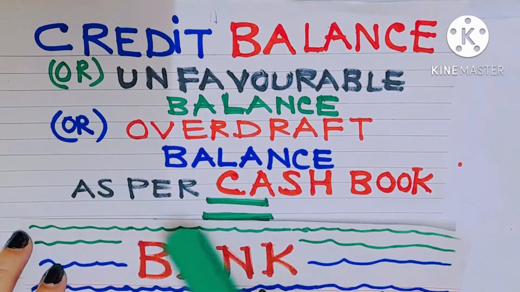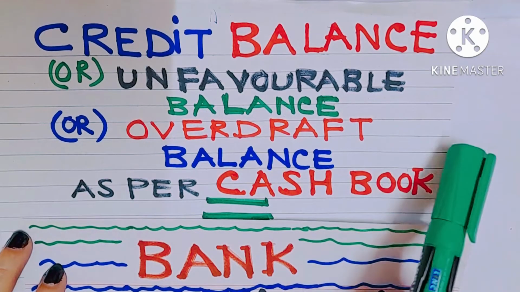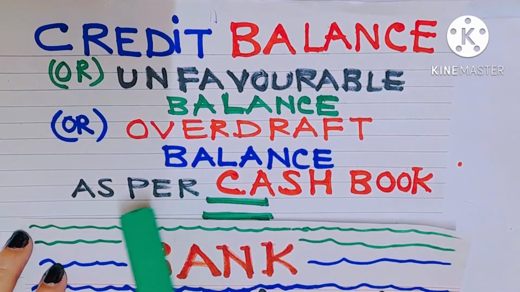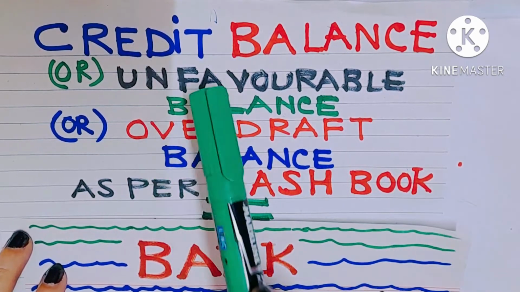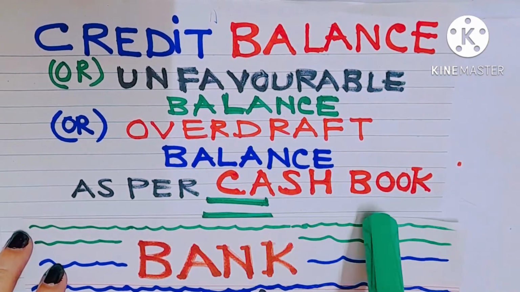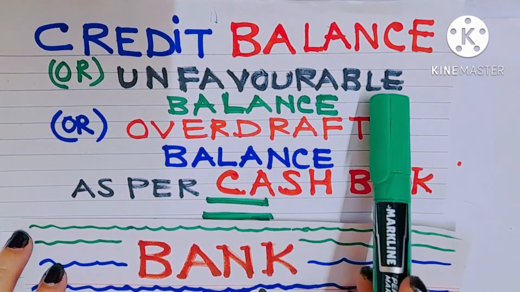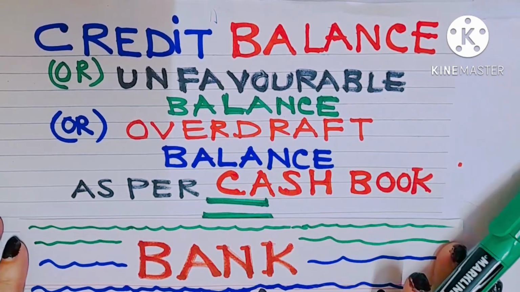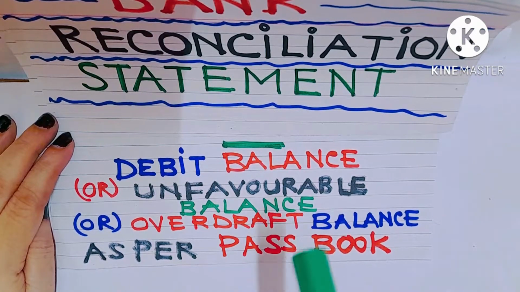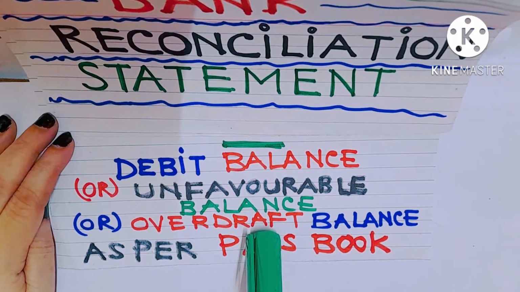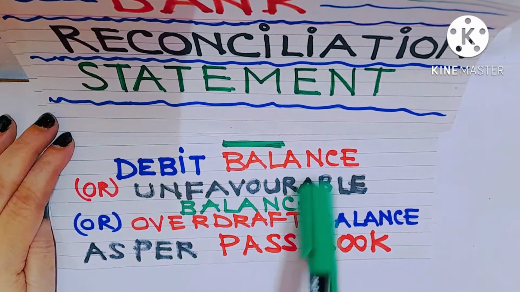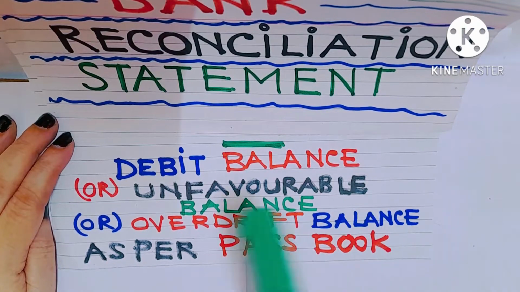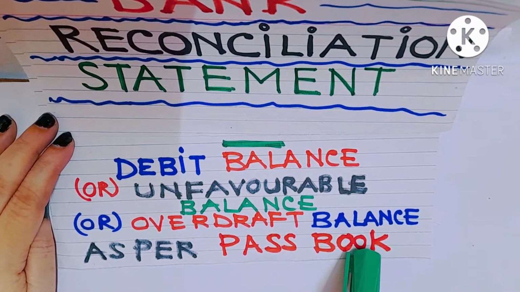And please remember, bank overdraft as per cash book is also known as credit balance as per cash book or unfavorable balance as per cash book. Please remember, bank overdraft as per passbook is also known as debit balance as per passbook or unfavorable balance as per passbook. Okay? Understood?